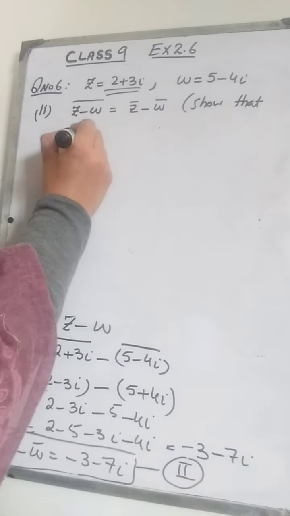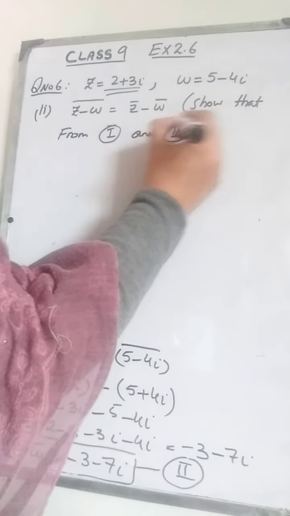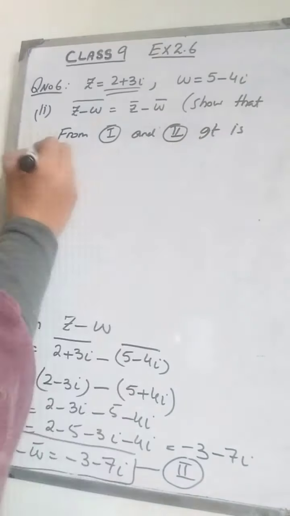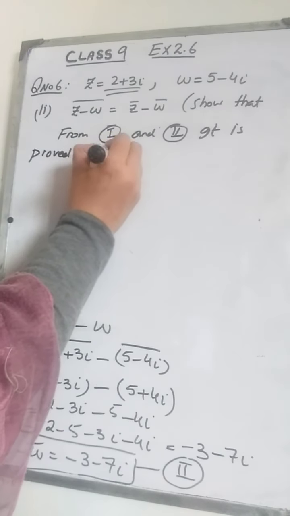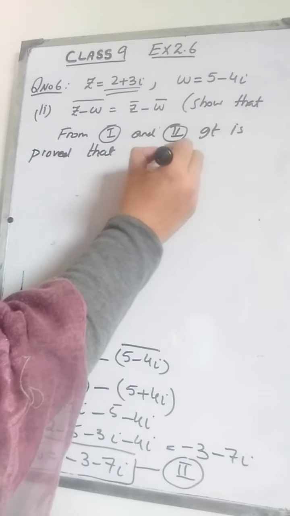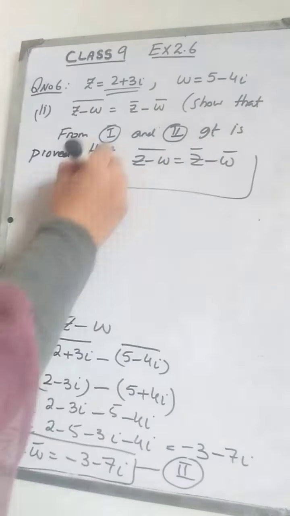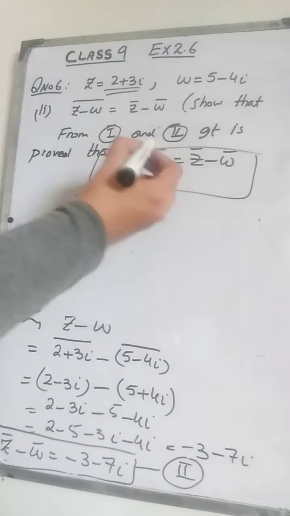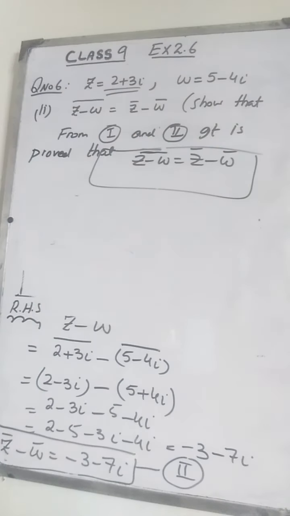So from 1 and 2, it is proved that Z minus W bar is equal to Z bar minus W bar. This is what they had asked us to prove, and that's the answer.